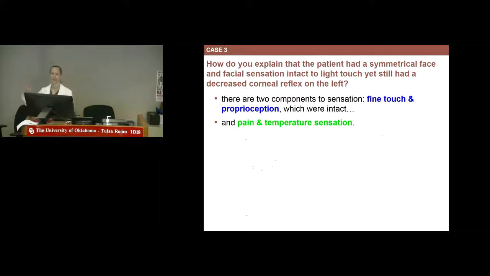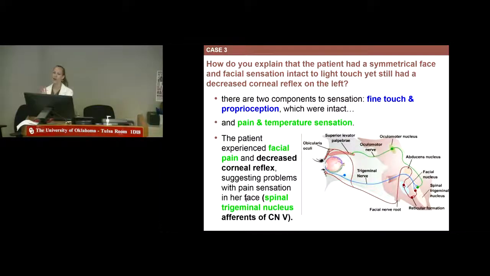All right, so the patient did say facial pain, right? Didn't she say something about facial pain? So probably what's happening is there's some type of dysfunction with her trigeminal nerve, maybe her fine touch is intact, but maybe she's having some issues with pain sensation.